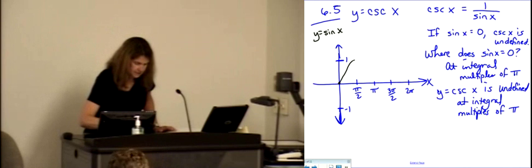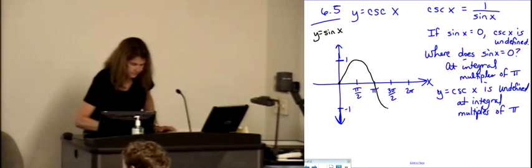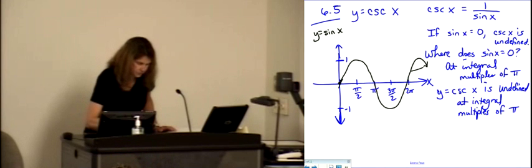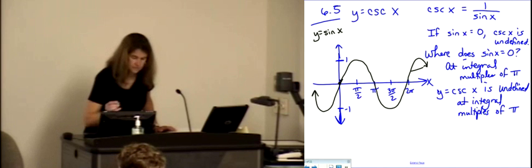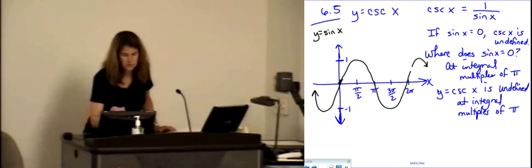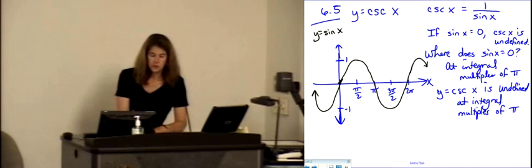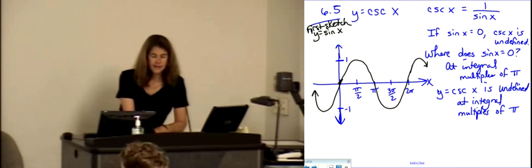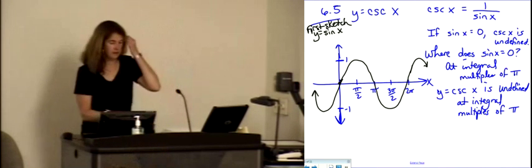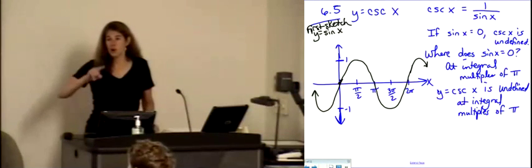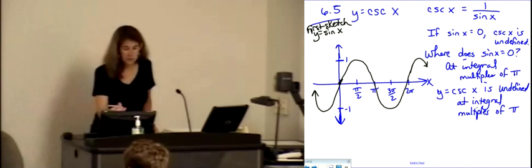It's going to look like this. Okay, so here's what I did. First sketch y equals sine x. The cosecant graph is going to be drawn off the curves of the sine graph. Okay, that's what it's going to look like.